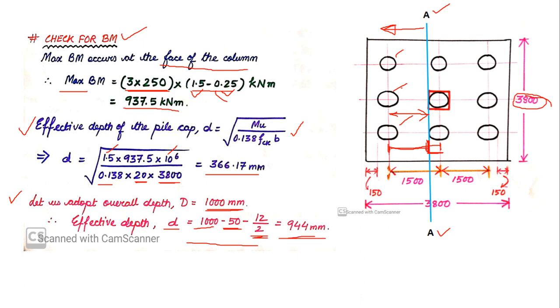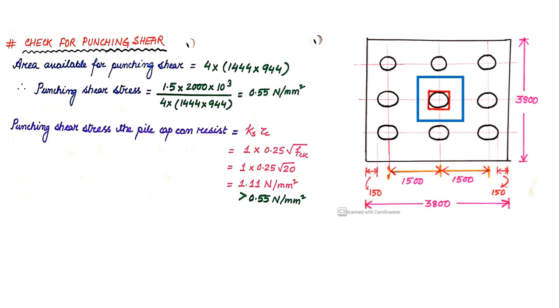Alright, the next step is to check for punching shear. It is very similar to the isolated footing. What we do is take an overall section at a distance of d by 2 from the face of the column. d by 2 means half of the effective depth of the pile cap. In our case, d by 2 will be 944 divided by 2, which gives 472.